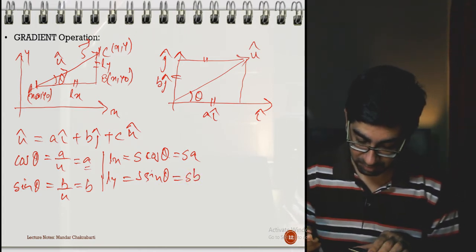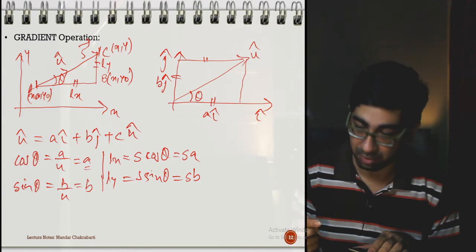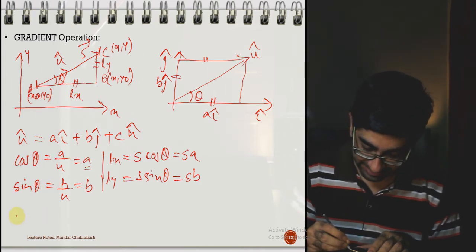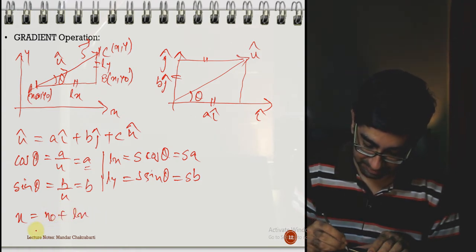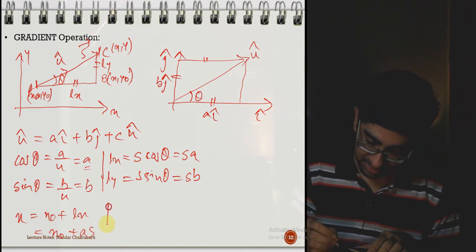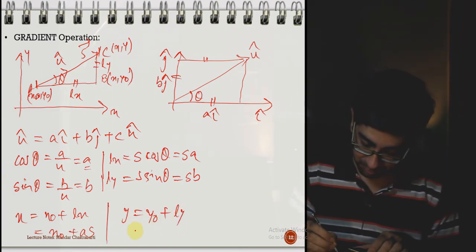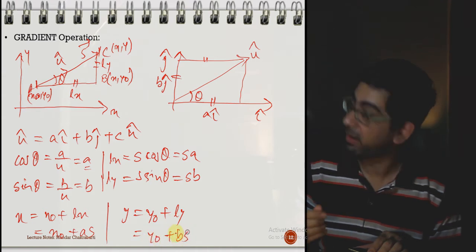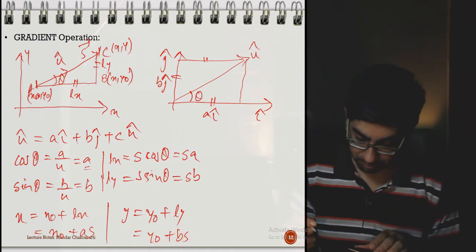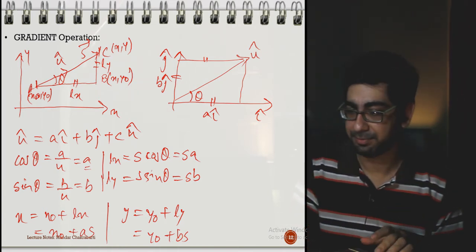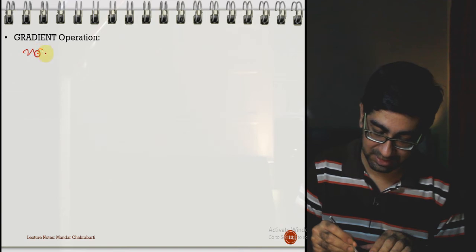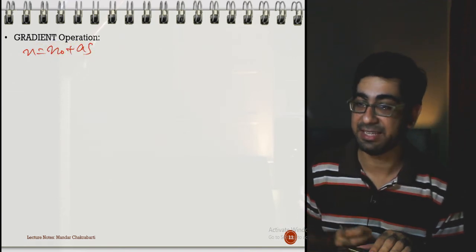Now, from the coordinates point of view, your x was x0 plus Lx. So that is x0 plus as, and y was y0 plus Ly. So that means y0 plus bs. Let me go to a fresh page. Now, x is x0 plus as.